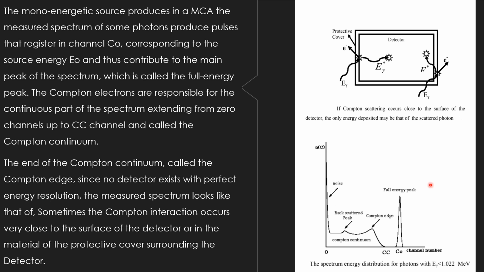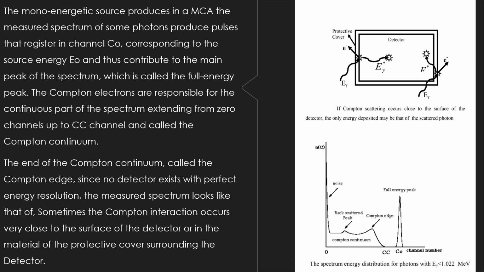So as we can see here, we have a graph to be discussed. This graph is from the multi-channel analyzer. It shows the spectrum that was registered on that channel. First we have the full energy peak, which is the main peak, and then we have the Compton electron, which is responsible for the Compton continuum, and we have also the Compton edge, which is smeared since we have no detector with perfect energy resolution.